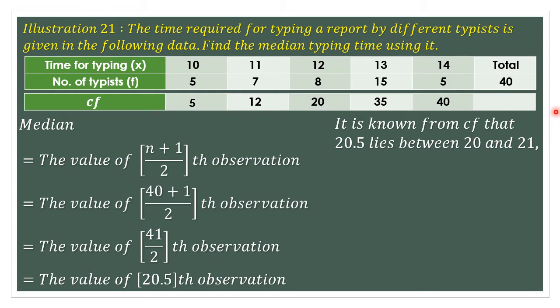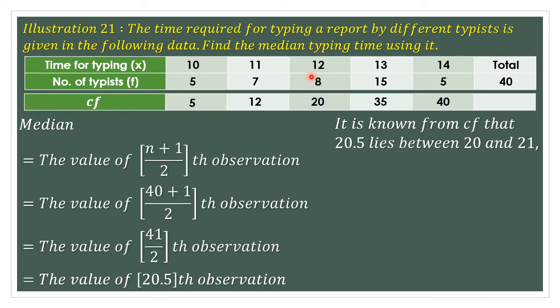But if we find the 20th observation, it is here. This is the 20th observation, and the variable for that 20th observation is 12. Whereas the 21st goes to the next group, that is 21 to 35, and the variable for that is 13.